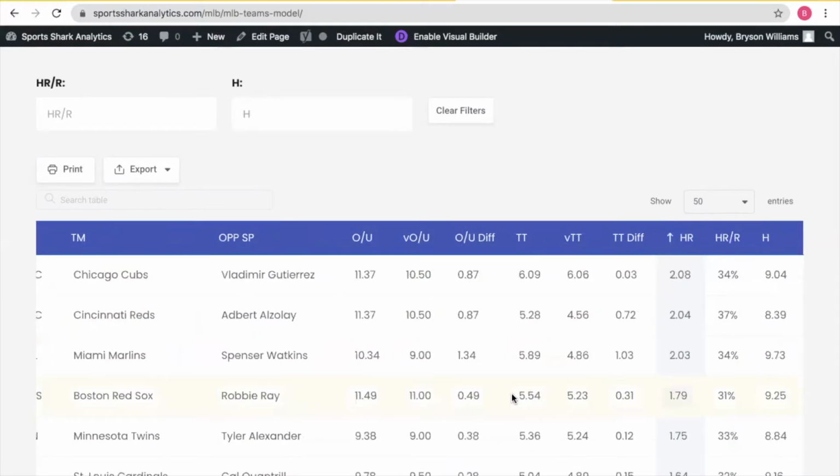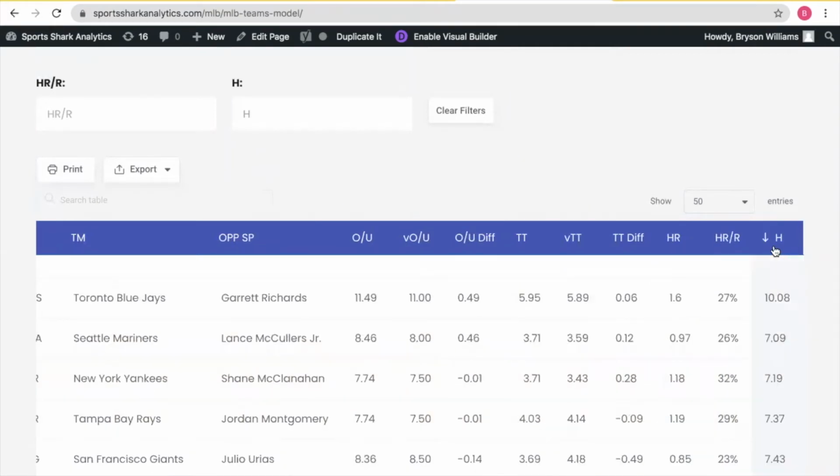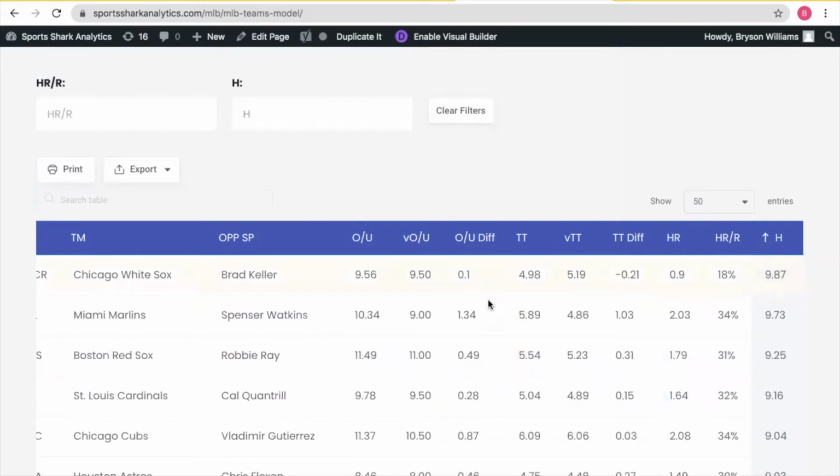It's the Cubs, okay? It was almost 2 home runs for that team, projected for 2 home runs. Reds, they were projected for 2. Miami, they were projected for 2. Then you've got Boston. So this is another good way to look and see what teams we are high on compared to Vegas.